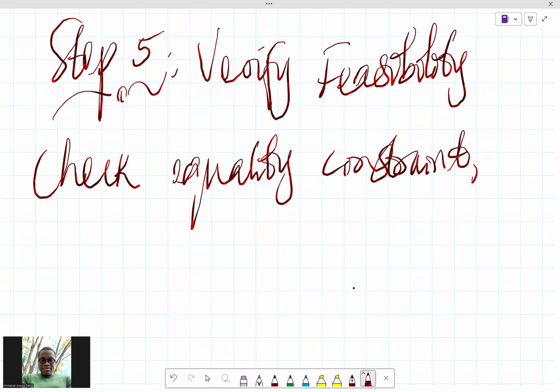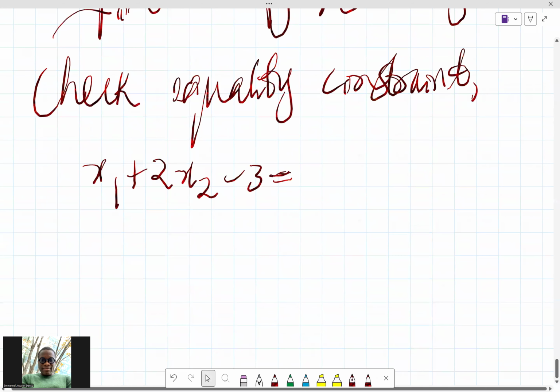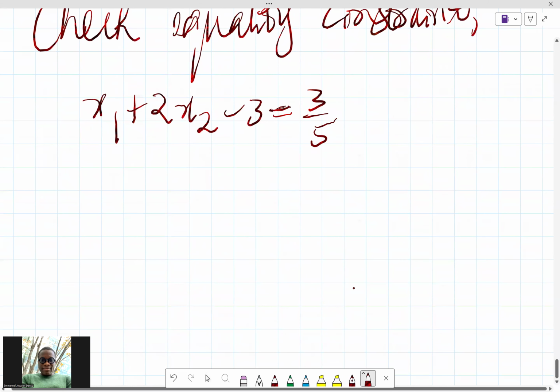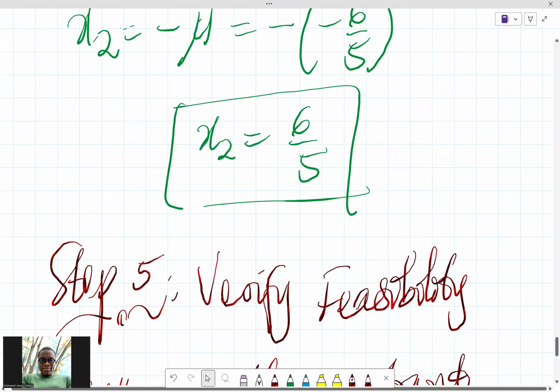That is x1 plus 2x2 minus 3. I mean, we expect that it would be right because that's where we even got it from. So x1 here is 3 over 5. We have 3 over 5 plus 2 into 6 over 5 minus 3. So if this gives us 0, then that means it is satisfied.